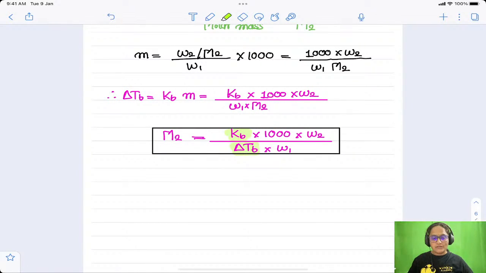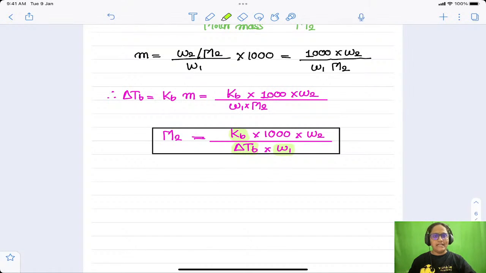Kb is the elevation ebullioscopic constant, which is a fixed number for each and every liquid. As the solvent is known, for example if I take ethyl alcohol, ethyl alcohol's Kb value will be fixed. So I can put this value here, and delta TB here. W1 is the amount of solvent which we take.